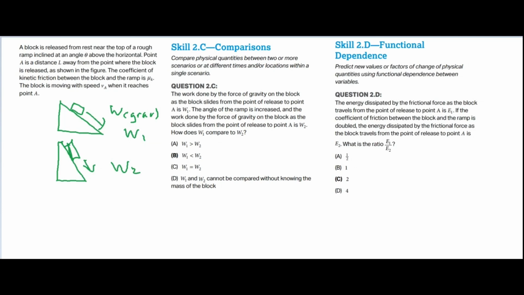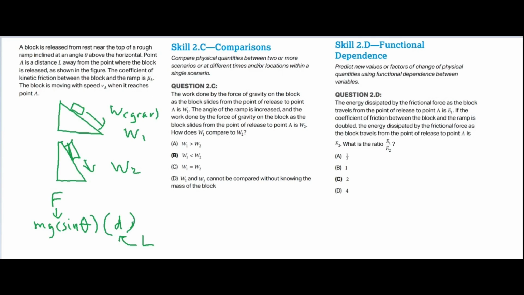The work being done by gravity is that force which we talked about before once we make our triangle, which was mg times the sine of theta. That's the component of gravity that was pulling the block down the ramp, and then times that displacement, which we called L.